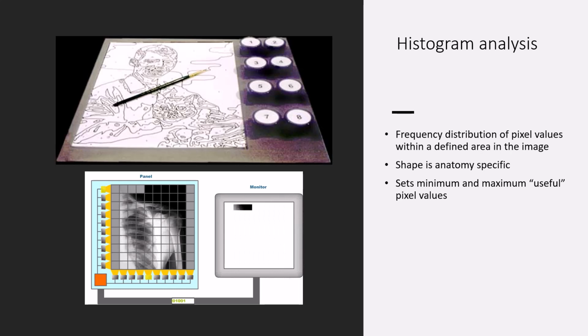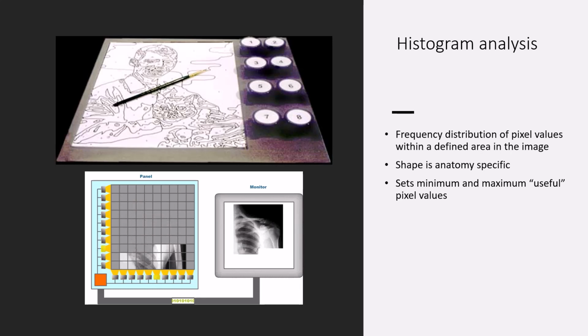To do this, we use what is called a histogram. So we need a histogram analysis, or an analysis of the colors or the paints that we're going to use, and where to place them.